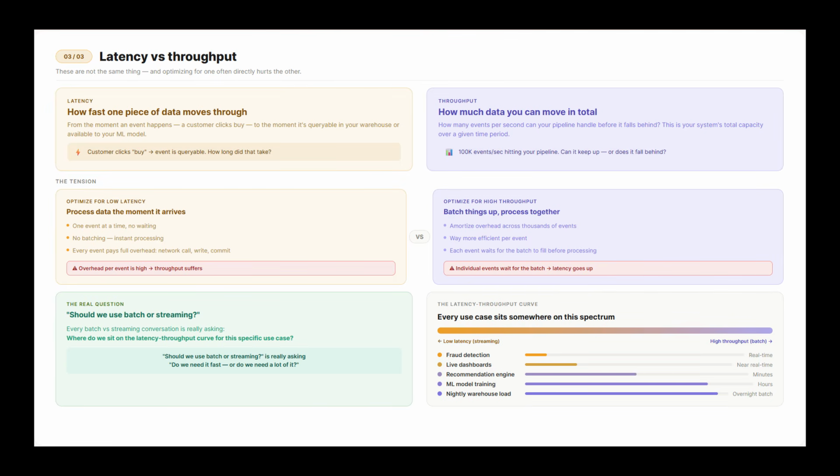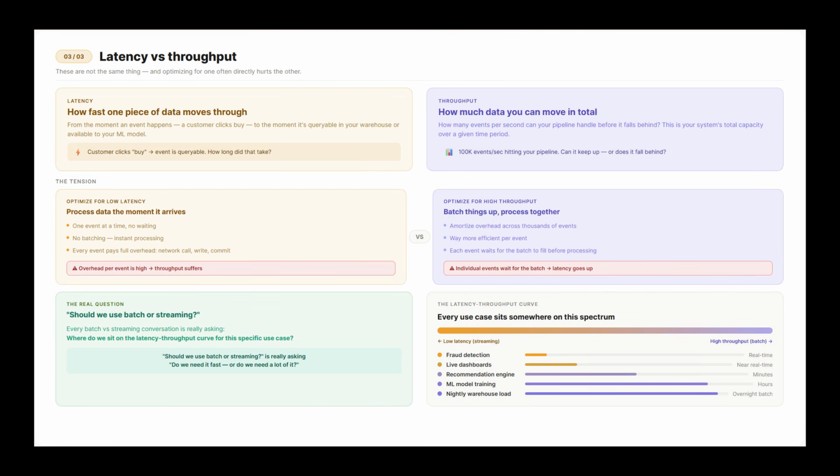Here's the tension. If you want really low latency, you process data the moment it arrives, one event at a time. No waiting, no batching, but that means you're paying the overhead of processing, the network call, the write, the commit for every single event. That overhead per event is high. Your throughput suffers.